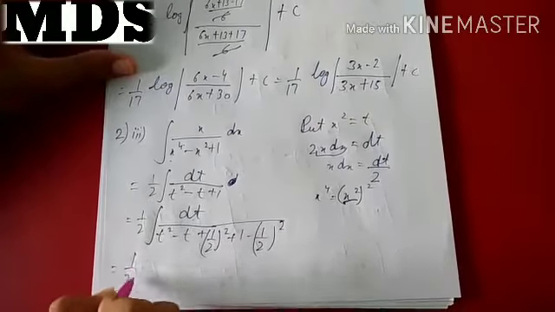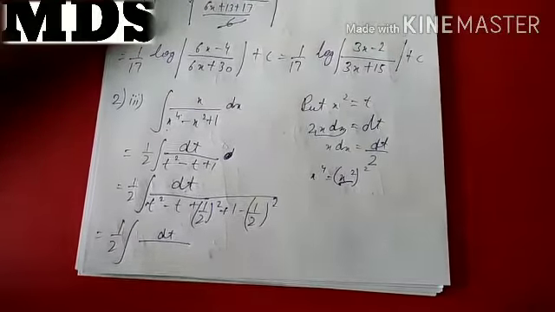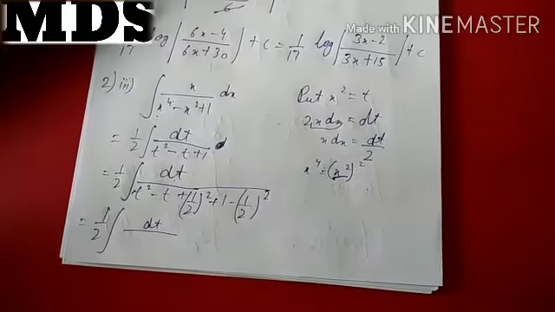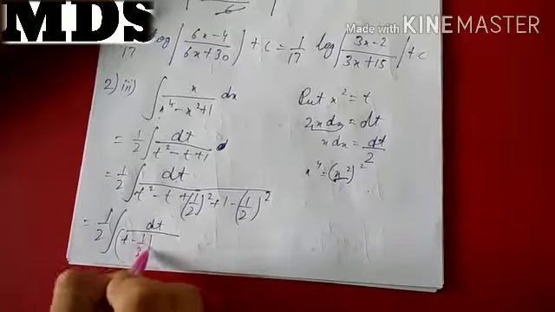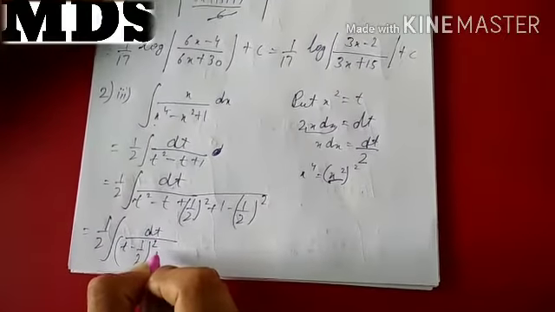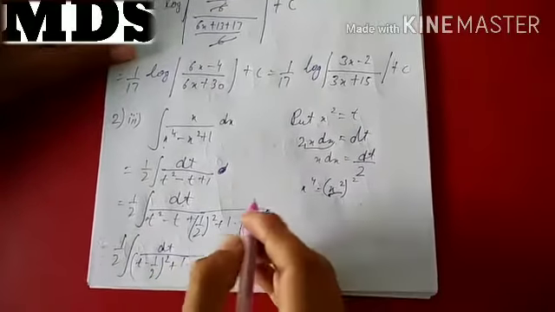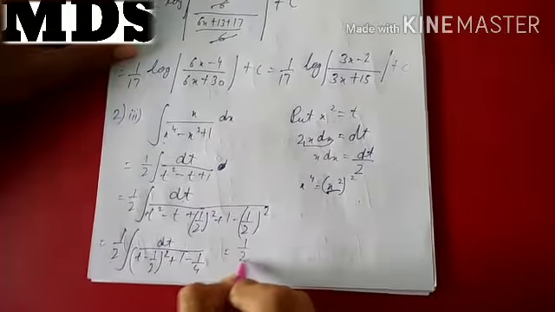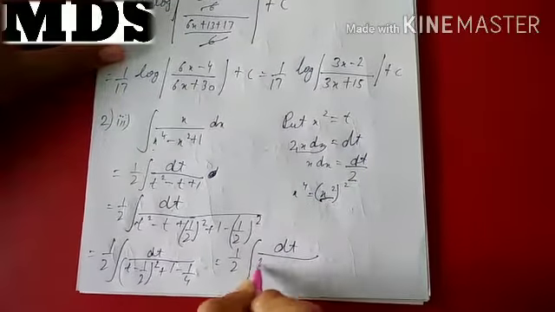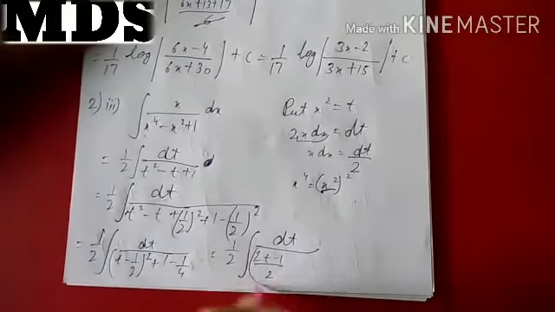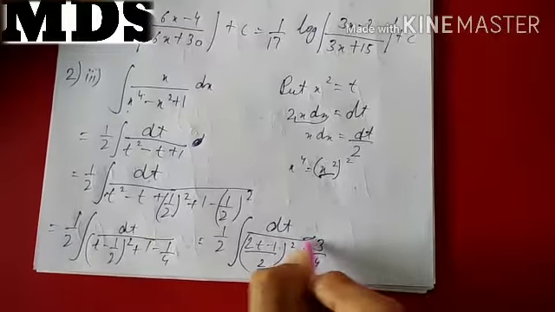So my question will be 1 by 2 as it is, dt by t square minus t plus 1 by 4. It has become a formula of (t minus 1 by 2) whole square, and outside we will get plus 1 minus 1 by 4. So my question will be 1 by 2 integration of dt by (t minus 1 by 2) whole square plus 3 by 4.